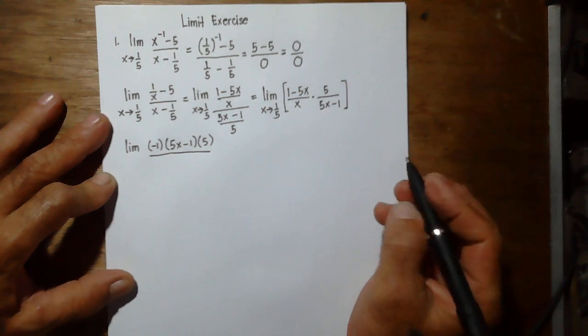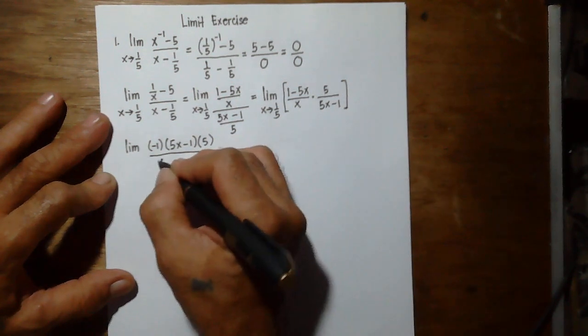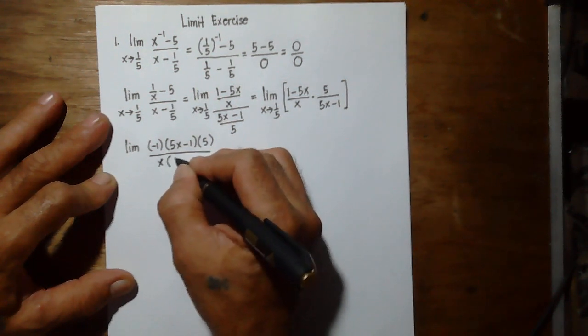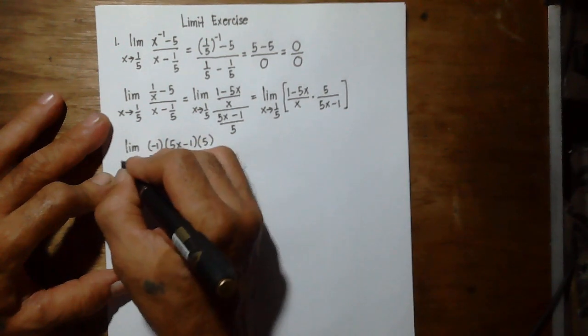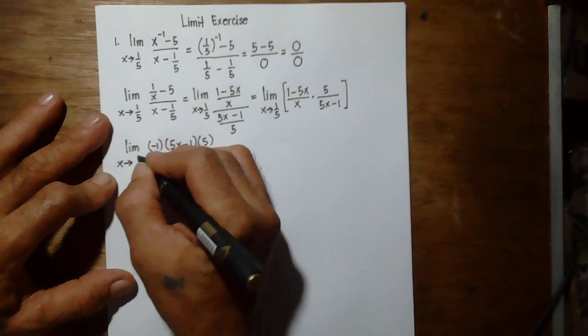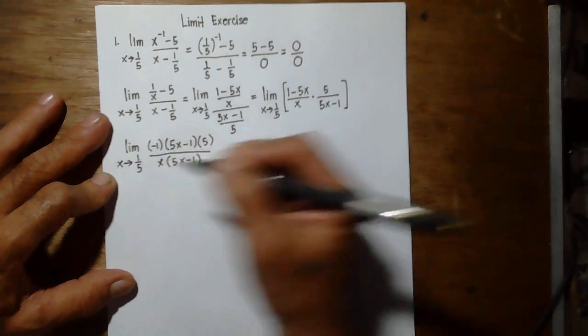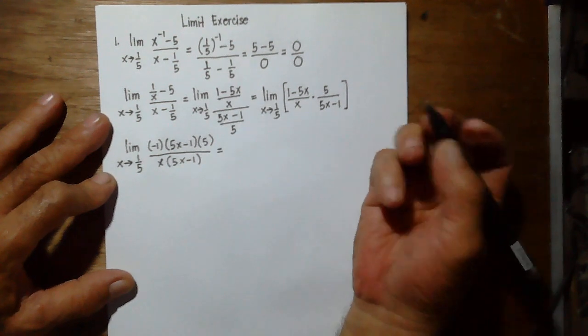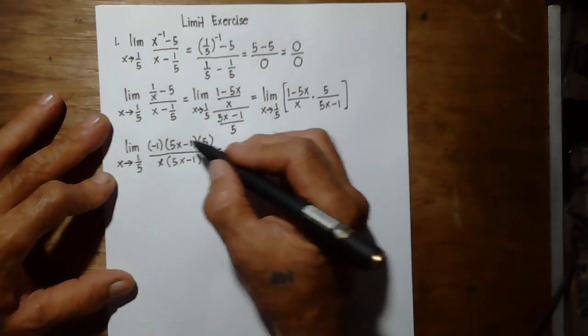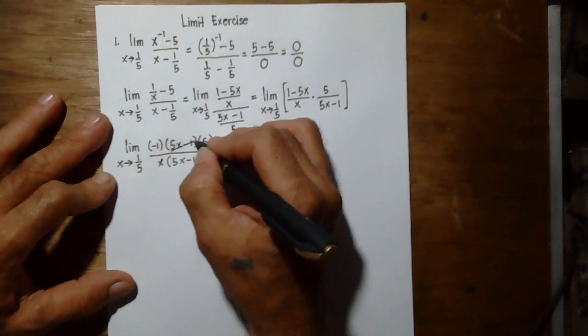Over x, as x approaches 1 over 5. Continuing, we can now cancel 5x minus 1.